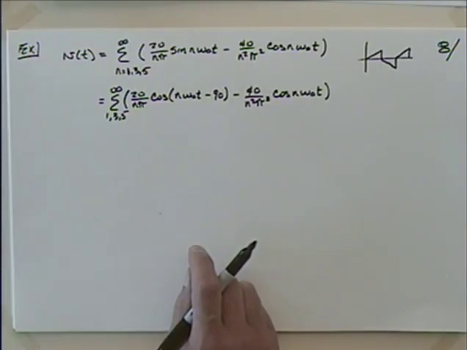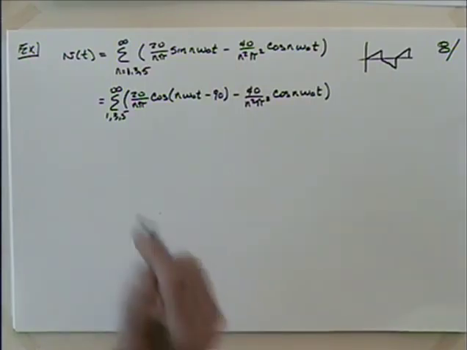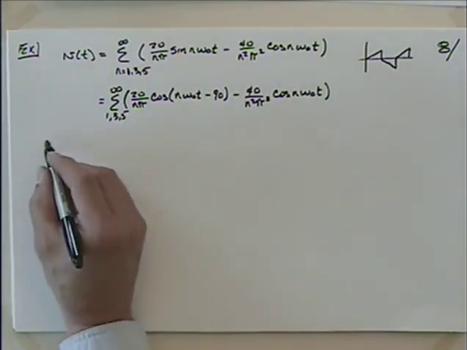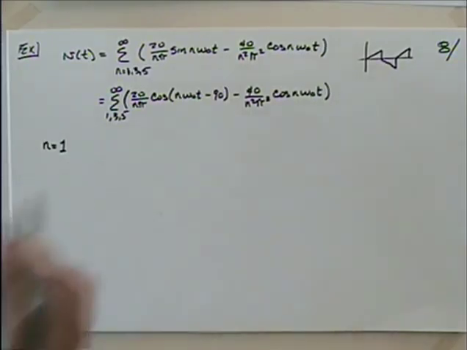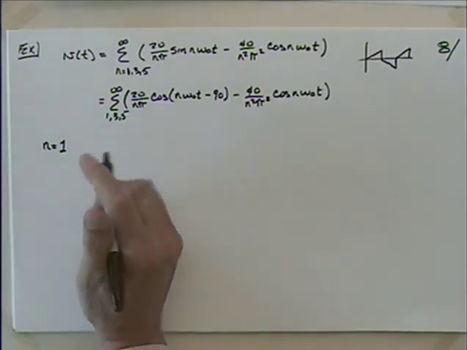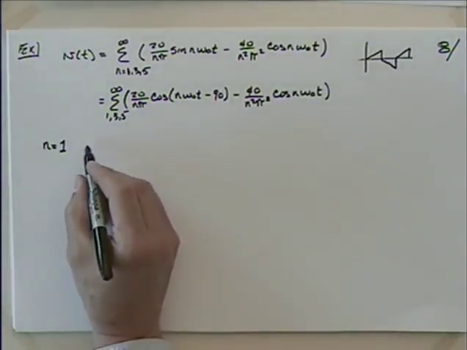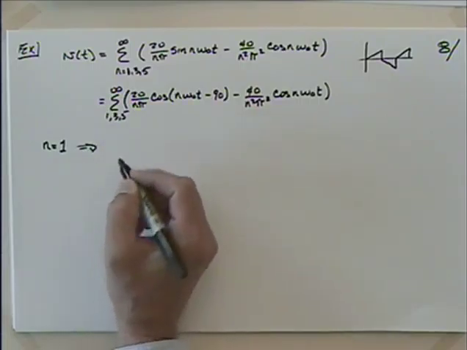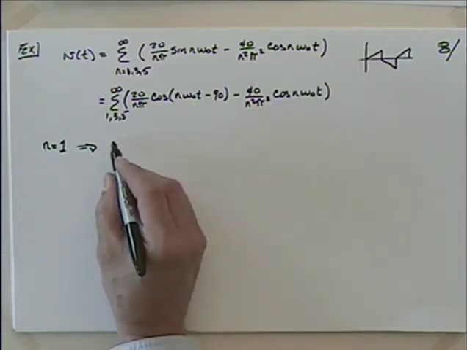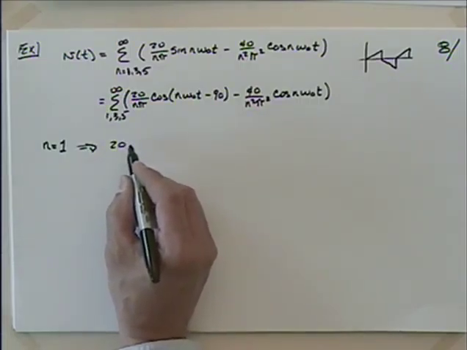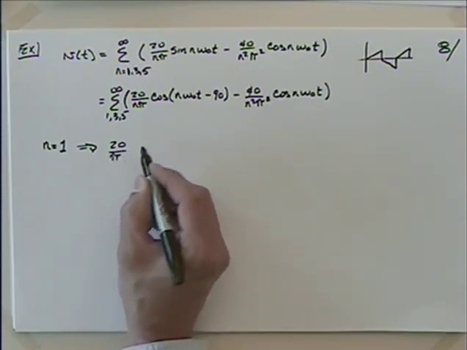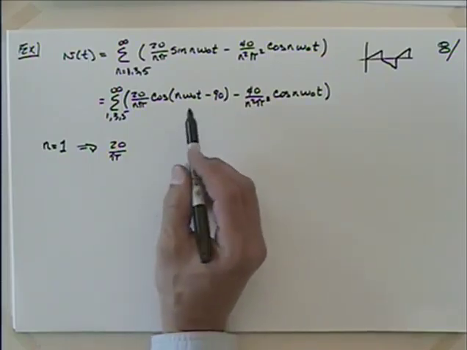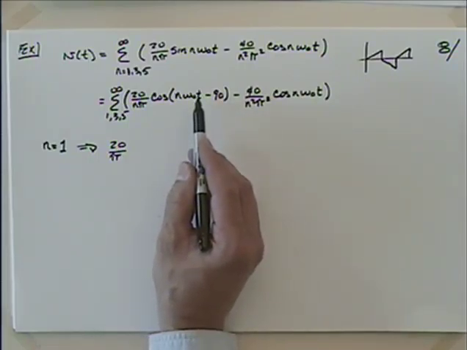So let's see. When n is equal to 1, what are we going to have? What does this look like? 20 divided by pi times the cosine.